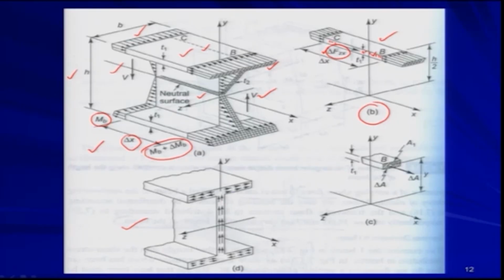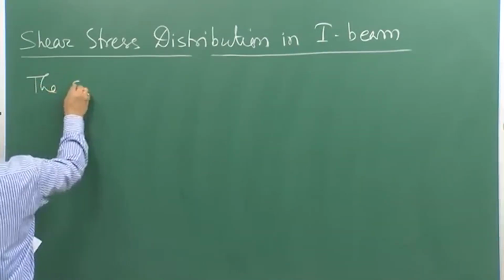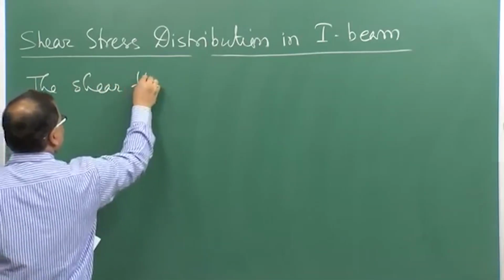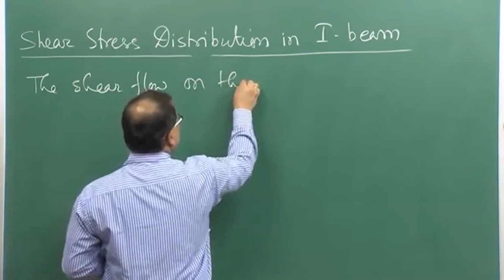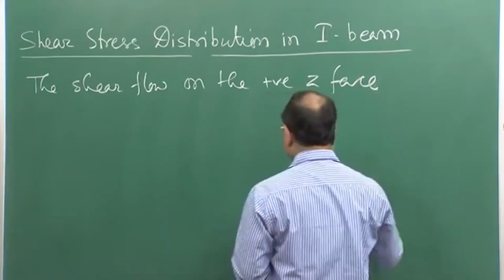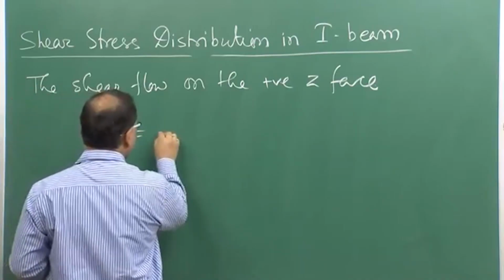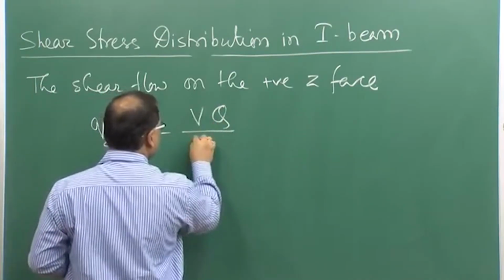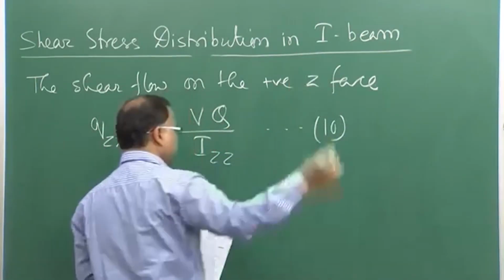Now, if you maintain the equilibrium in the x direction, then the shear flow on the positive z face, very similar to the shear flow discussed earlier, will be simply q zx equal to minus V Q by I zz. Say this is equation 10, in continuation with the previous equations.